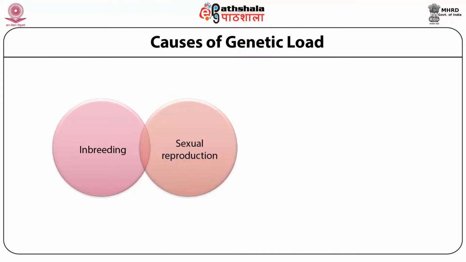Sexual reproduction also acts as a causing agent of increased genetic load. Sexual reproduction has a direct effect on the genetic load. It increases by the pairing together of two different deleterious genes, referred to as the concealed portion of the genetic load.